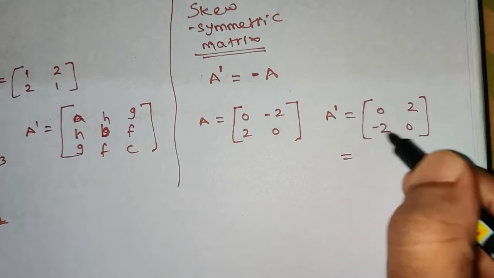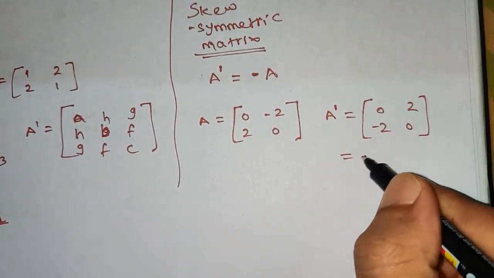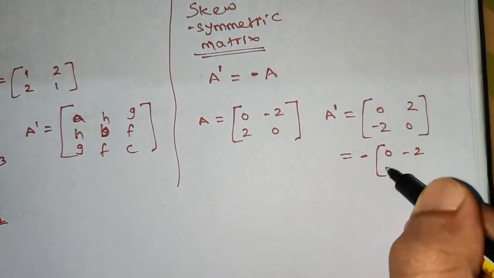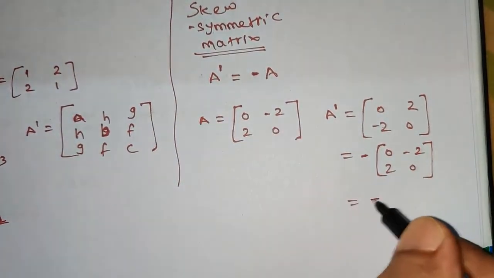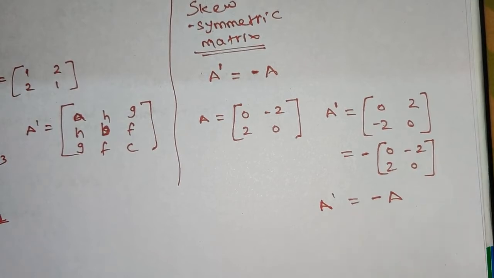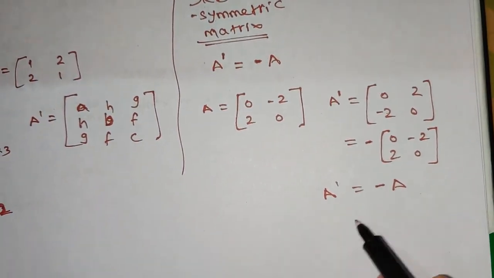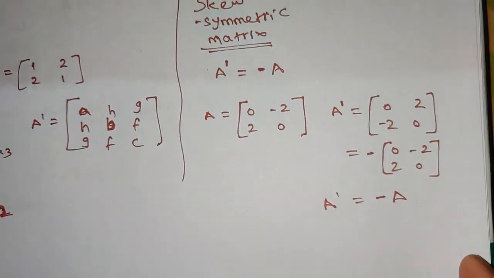Now if I take the minus sign common from these elements, 0 will be as it is, this will be -2, this will be 2, and this will be 0 again. So as you can see, this was my previous matrix. So I'm getting A transpose as the negative of the given matrix. Whenever this happens, I can say that the given matrix was a skew symmetric matrix.